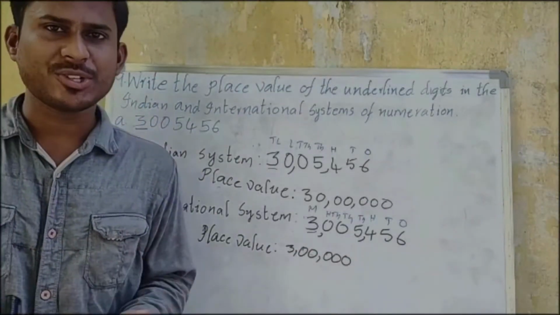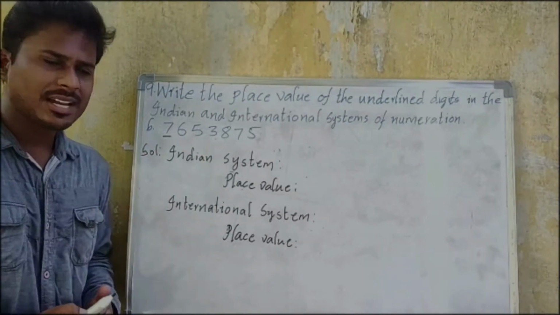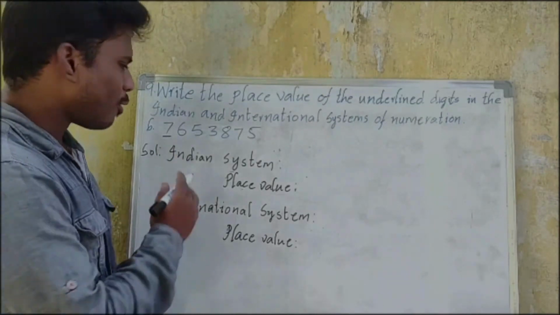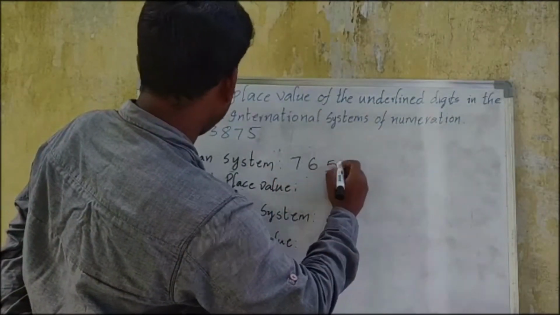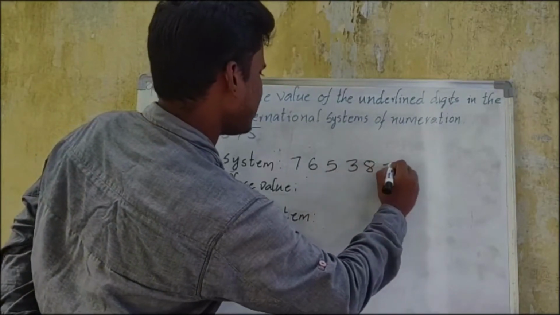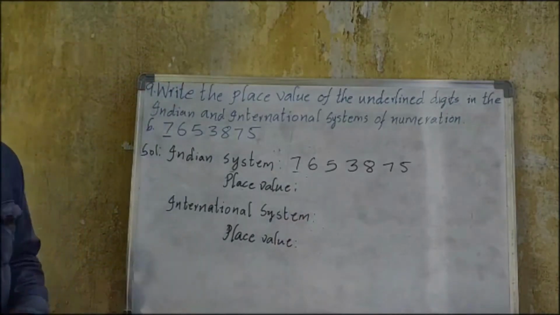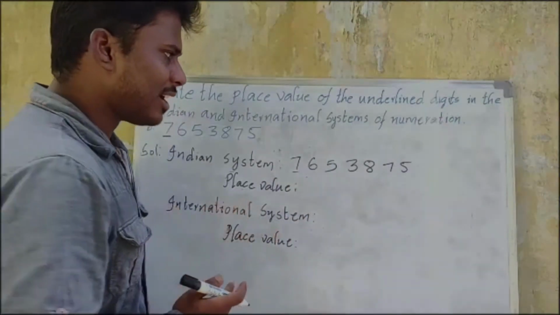Now let us go for the B question. Now B question. What is the underlined digit here? 7 is the underlined digit. Okay. First, if you go for the Indian system, let us copy the same number here. 7 6 5 3 8 7 5, and underlined digit is 7. Okay. Now according to the Indian system, let us insert commas.